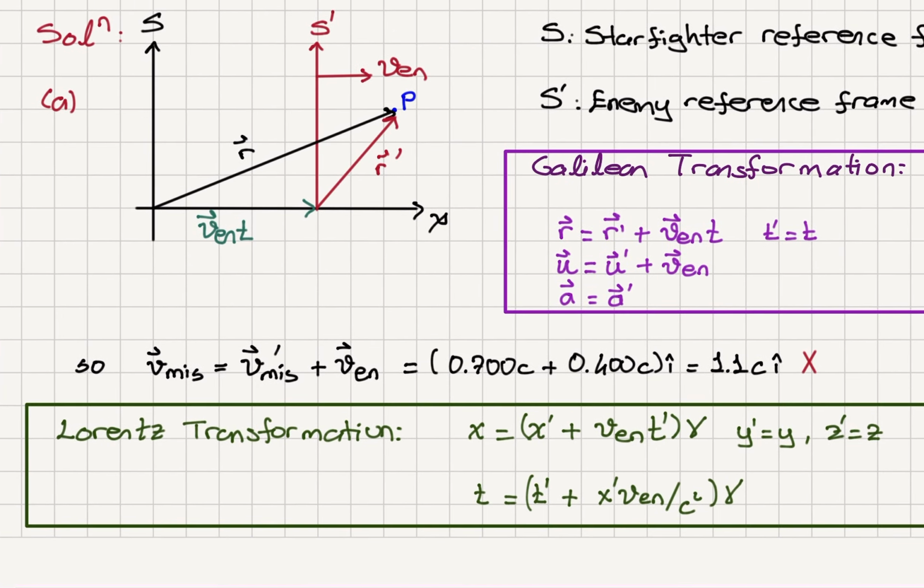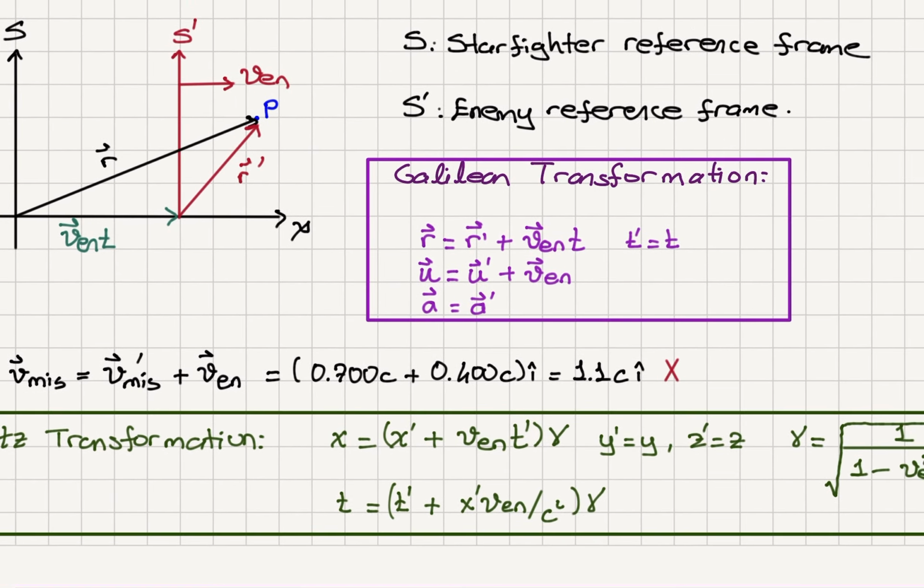Okay, so Lorentz transformation is the correct transformation to do. So y and z components of the object measured by these two reference frames will be the same because they're moving on the x-axis with respect to each other.